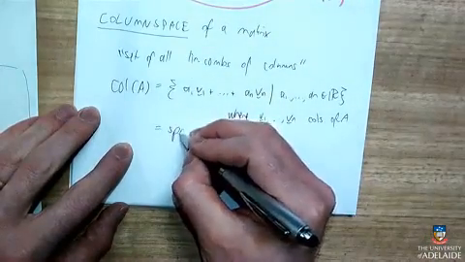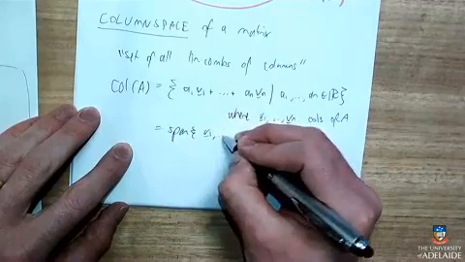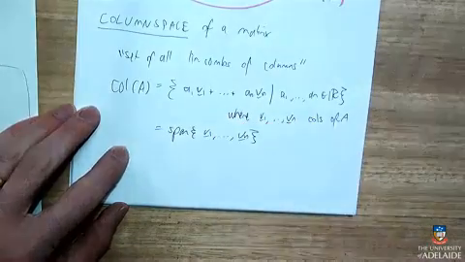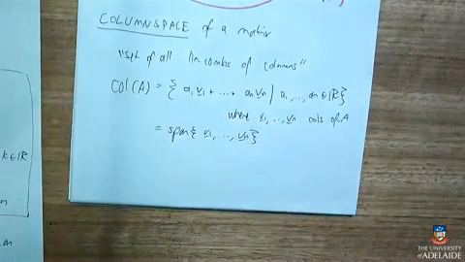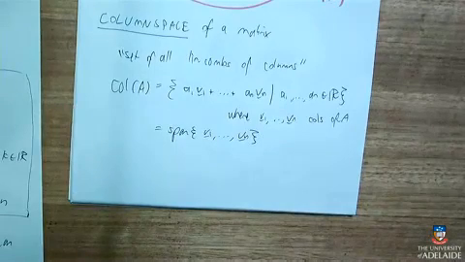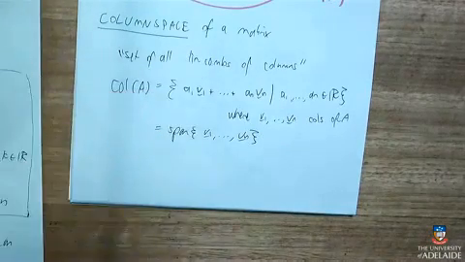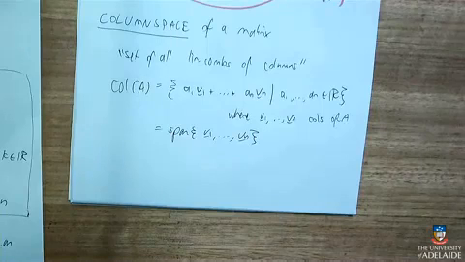We can just say the span of v1 up to vn. That's an alternative way of saying it, which is just as good and shorter, so therefore actually better, because this is what span means. And actually, because it's a matrix, I can rewrite it in a different way.